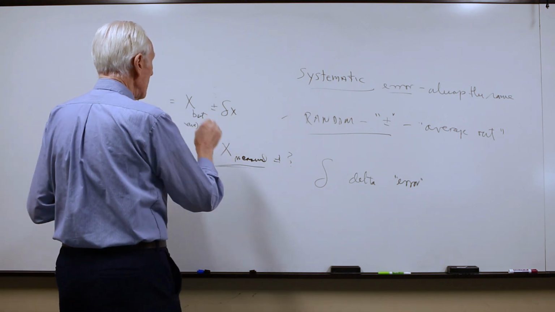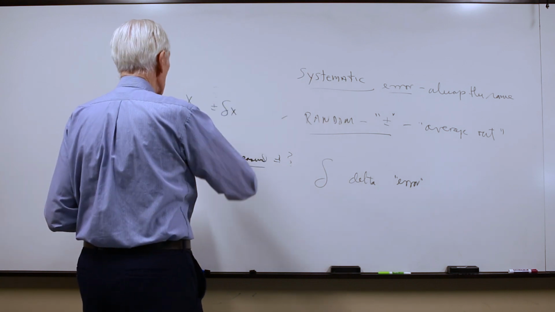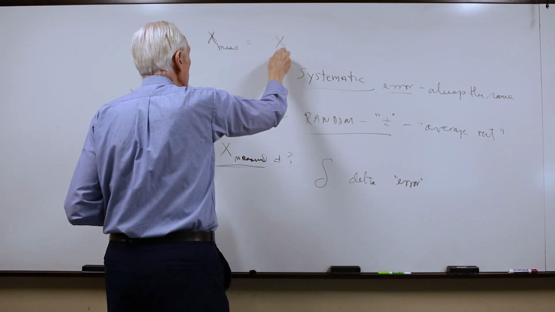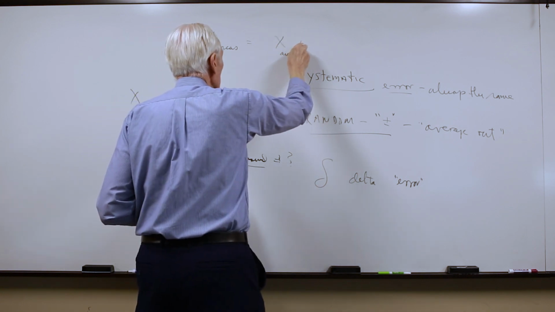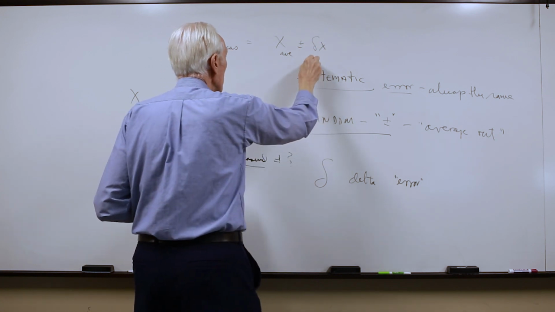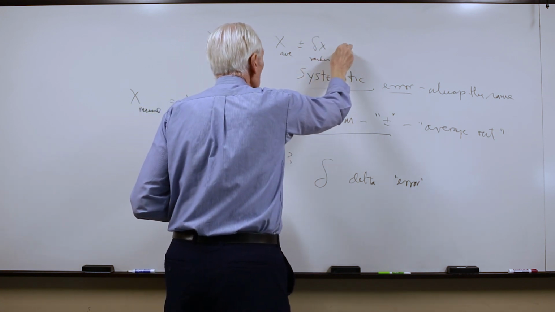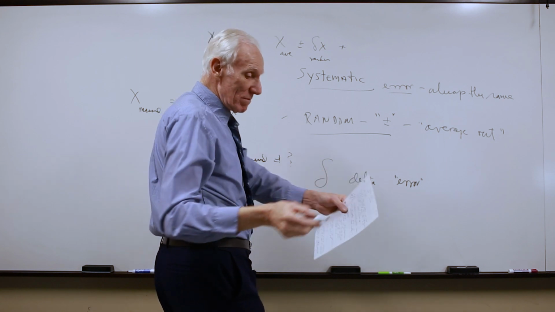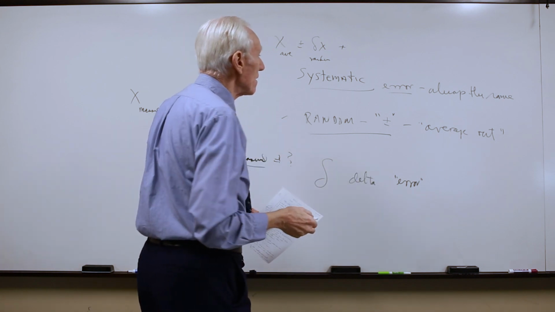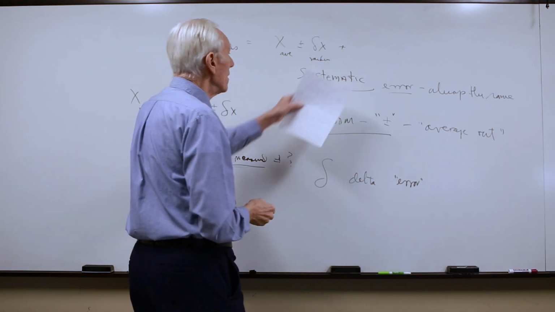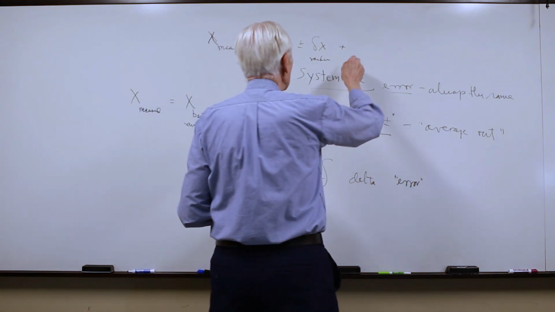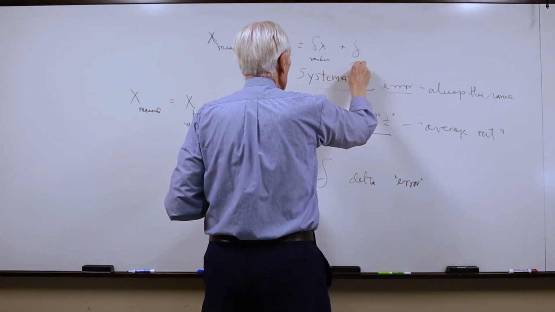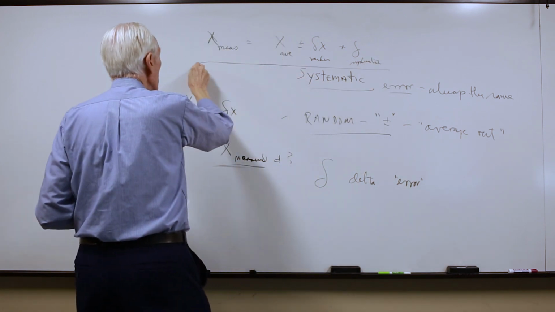So, in fact, if you want to include these in the discussion, the measured value of a quantity is equal to the best value, that's the average value, plus or minus the uncertainty due to the random errors, plus or minus, depending on the examples I mentioned about the meter stick and the tire gauge. One was plus and one was minus. It's the plus or minus uncertainty, and it's a systematic error. This is what we need to talk about.